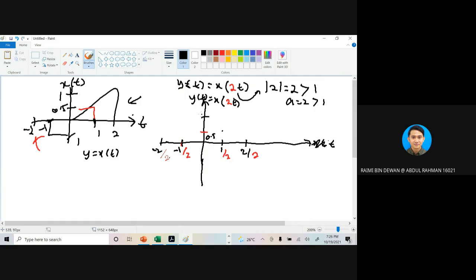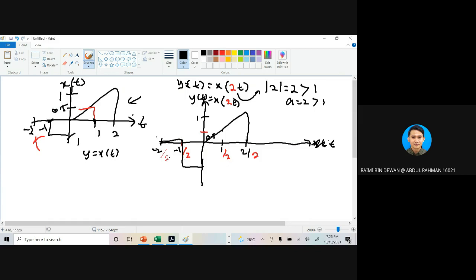For example, here, if you can see, it doesn't experience any changes in the amplitude, right? Then similarly for this one, you just continue. So this is the answer.